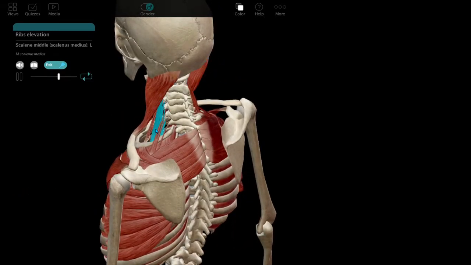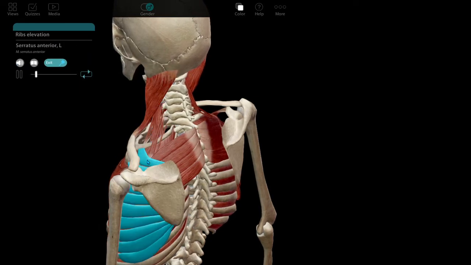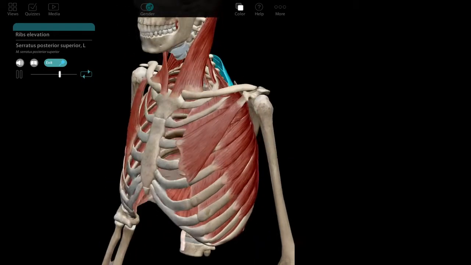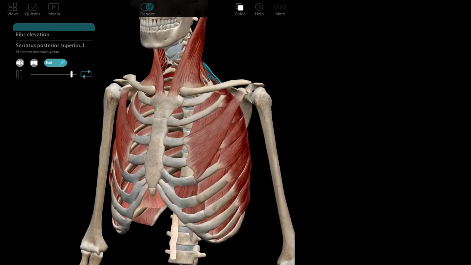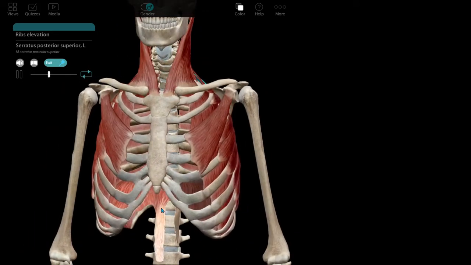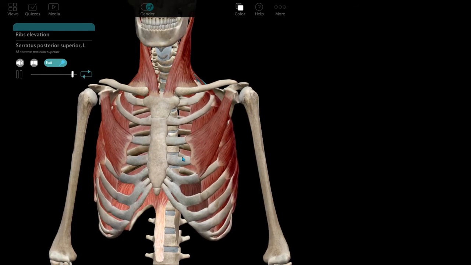Then you also have your serratus posterior superior. These are accessory muscles of respiration. They are not primary. So when the diaphragm is weak, that's the time these muscles will be activated in order for you to inhale air.